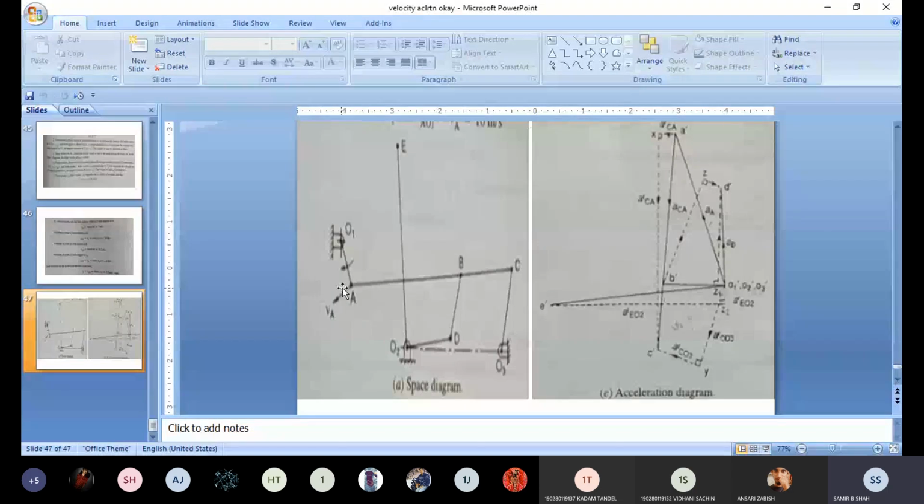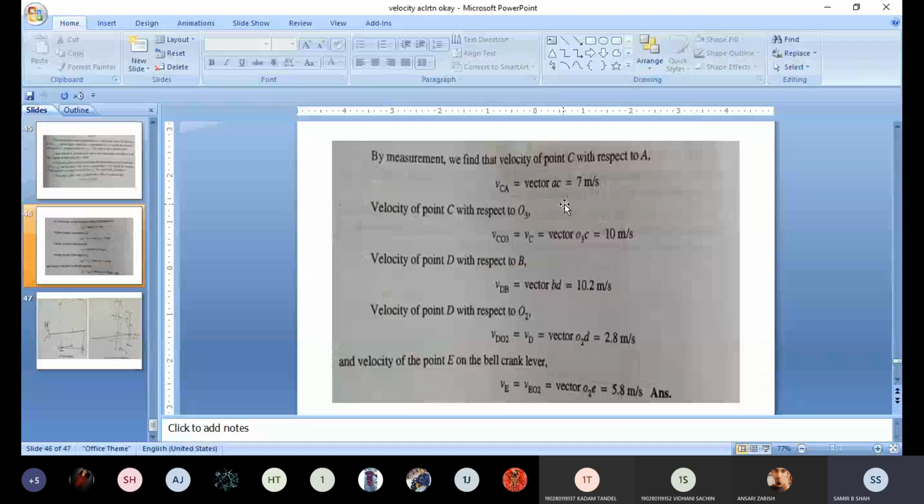Now we know very well that the radial part of AC is equal to V square AC by AC, where the velocity is 7 meter per second and AC is in meters. So 7 square by 0.7, we get 70 meter per second square.